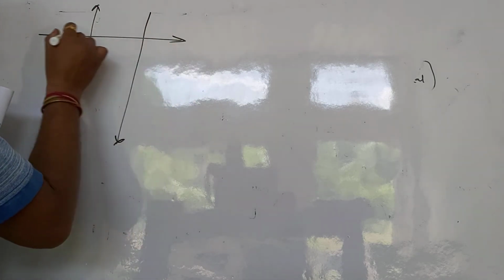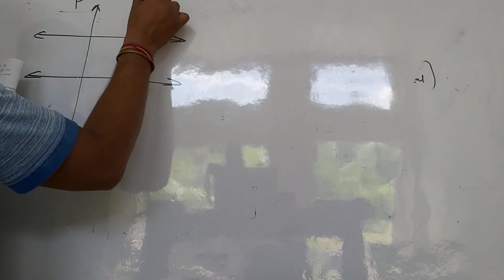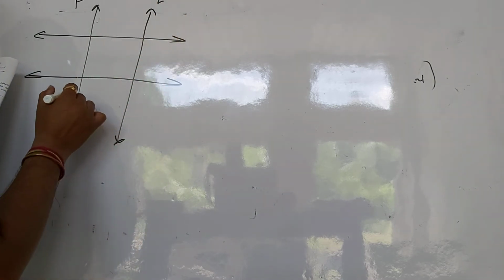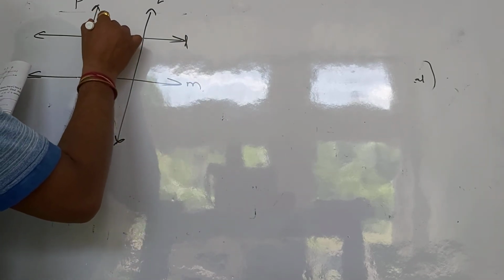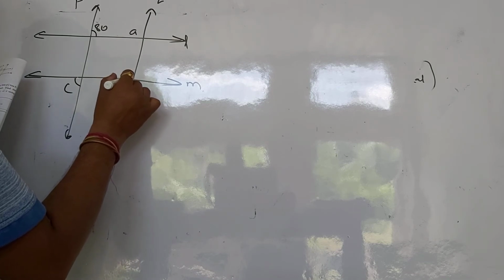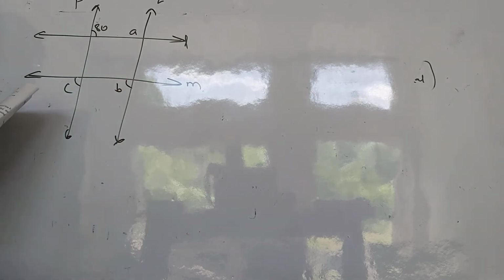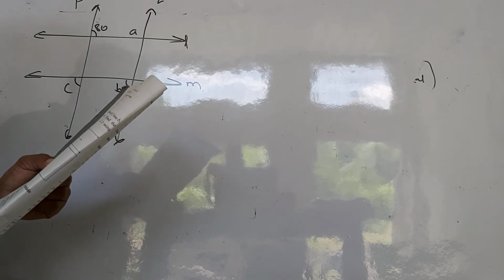Here also two parallel lines are there. This is P, this is Q, and this is L, this is M. This you got AD, this is A, this is C, this is B. Find the measures of A, B and C, in this way they have told.